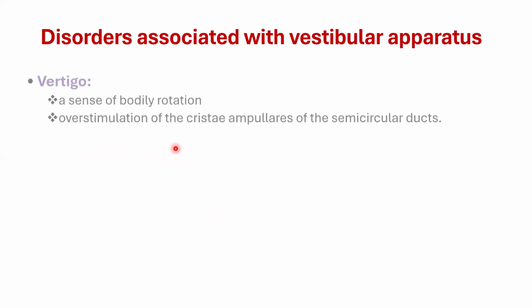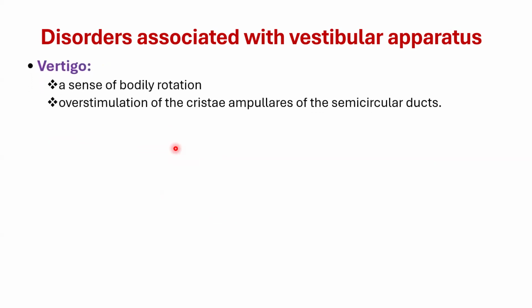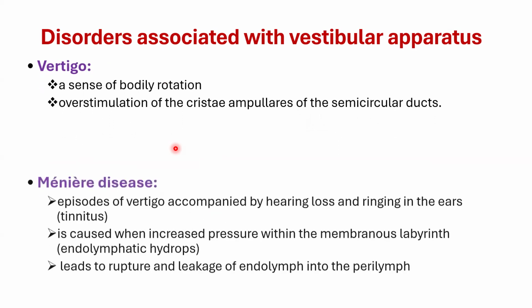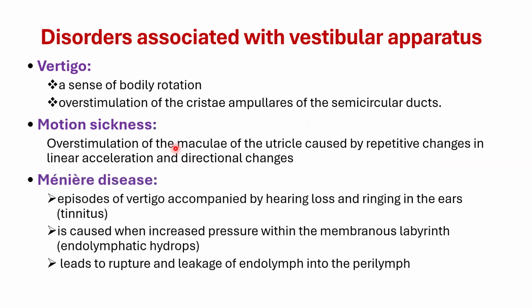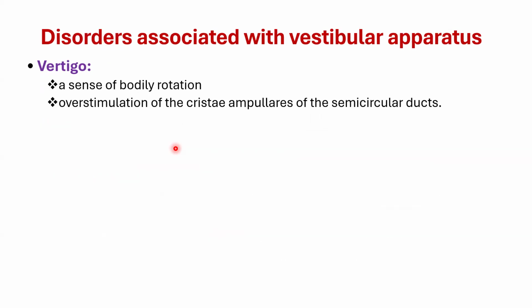What about disorders of the vestibular apparatus? One of them is vertigo, the other is Meniere disease, and the other is motion sickness. Vertigo affects the sense of bodily rotation. This is due to overstimulation of the crista ampullaris of the semicircular canals or semicircular ducts.